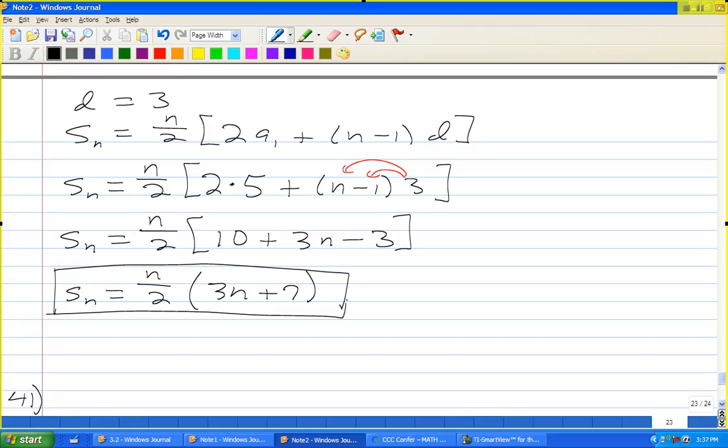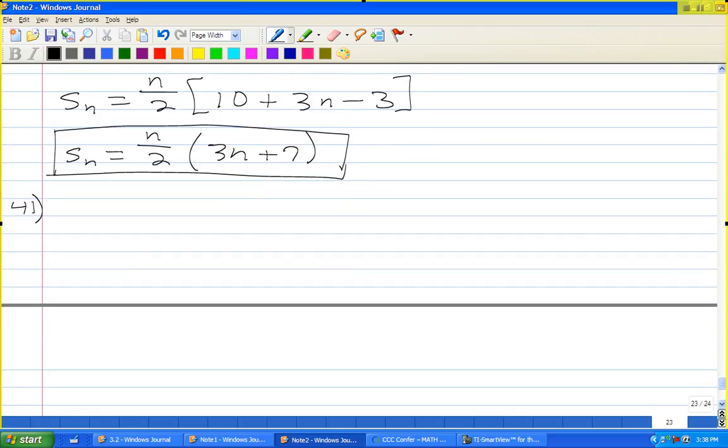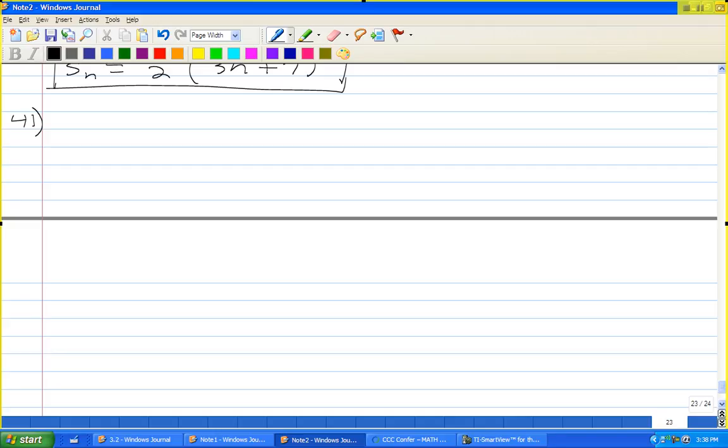Okay, let me do problem 41. The sum, k equaling 1 to n, of 2k is equal to n times n plus 1.